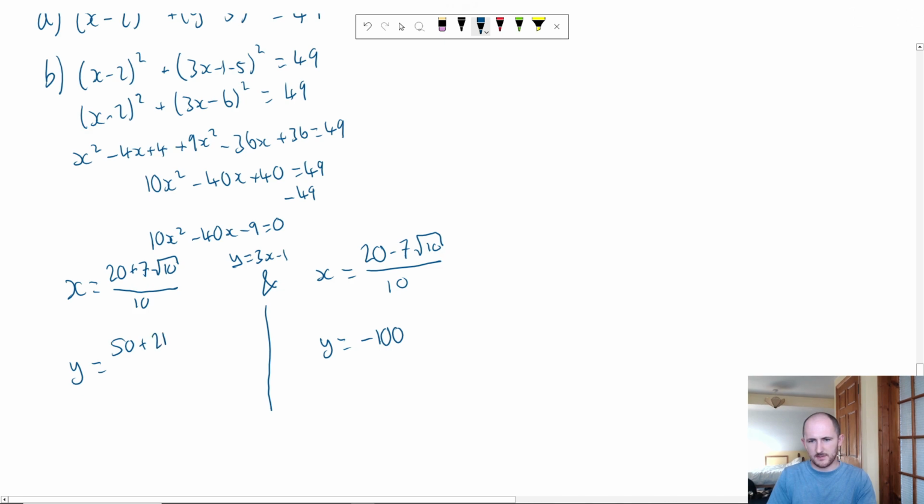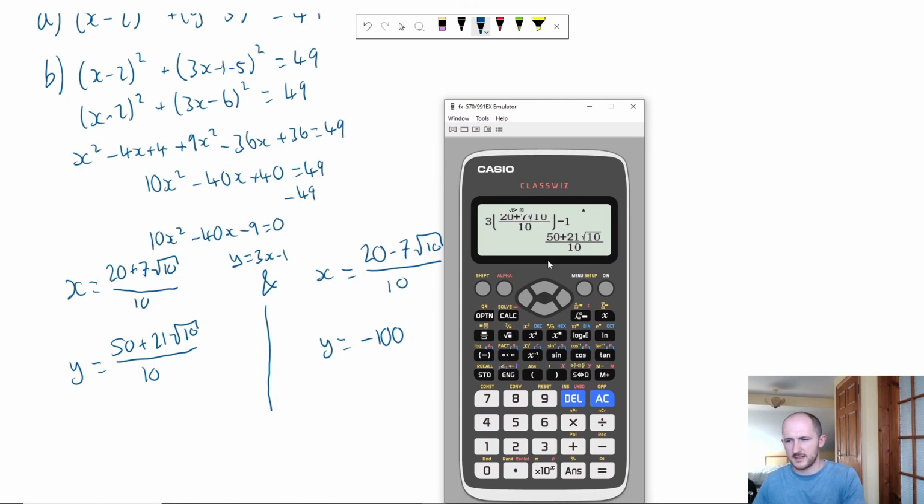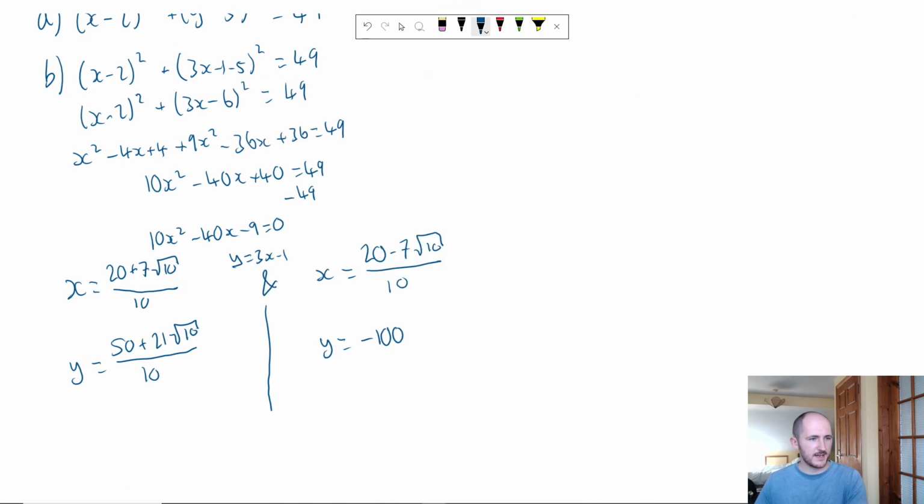That value is actually making me very suspicious. I'm going to type in this first one again. Minus 100, I just realised it shouldn't really be a whole number. So all that's different is this. Thank God I listened to my gut. Okay, so it's 50 minus, so get rid of this, 50 minus 21 root 10 over 10.